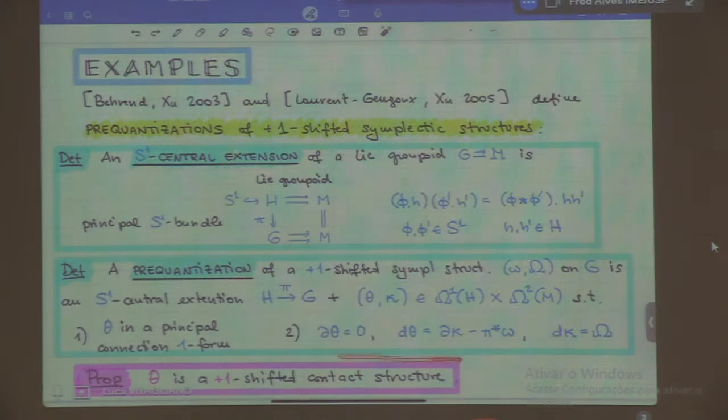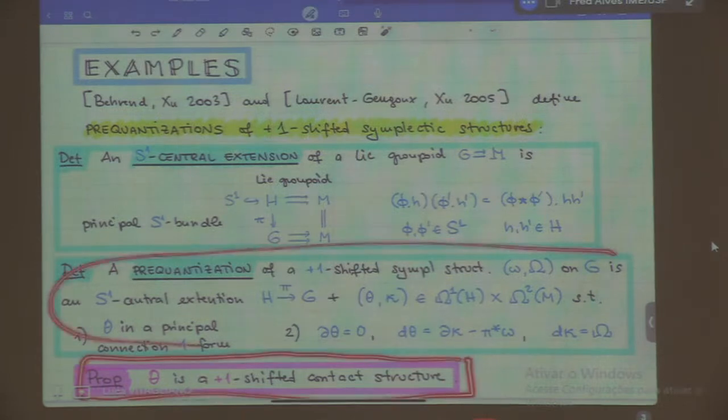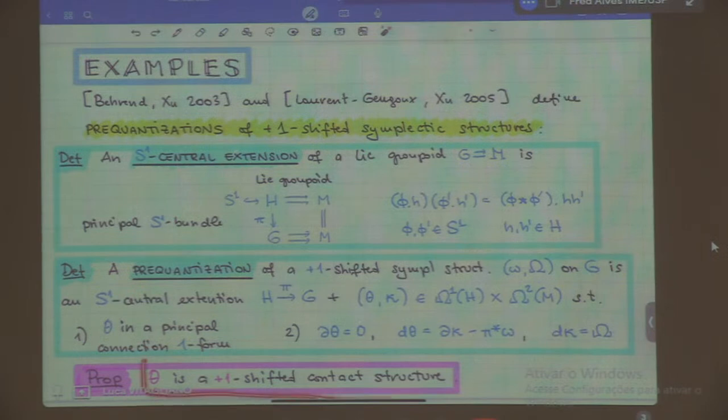We have a proposition that, according to the definition, theta is actually a +1 shifted contact structure on H. But this is a +1 shifted contact structure of a particularly simple type, because, being a principal connection, it really possesses a kernel, and there's no need to use the Morita kernel.